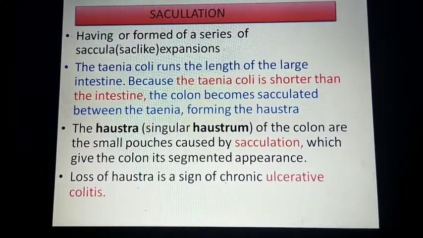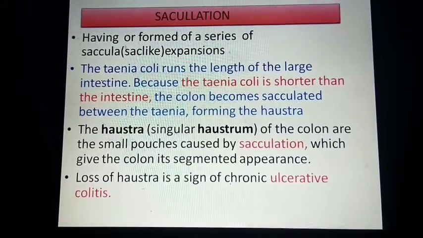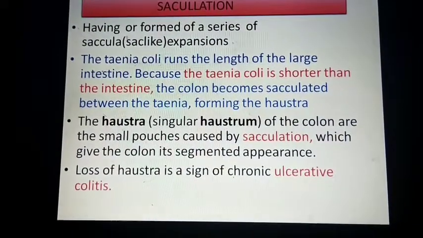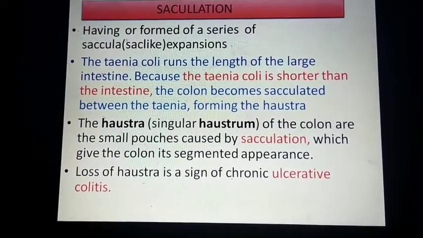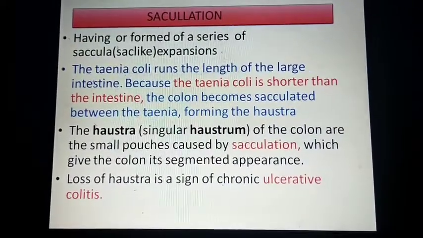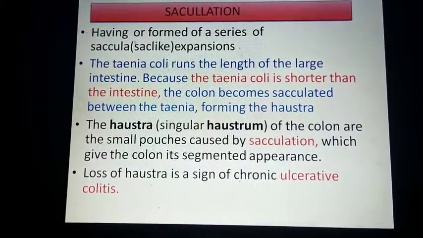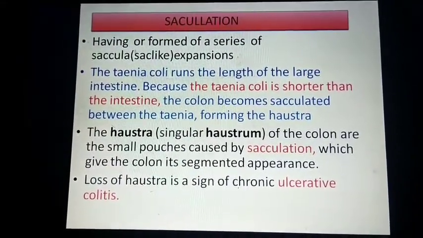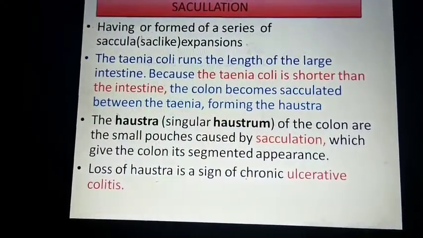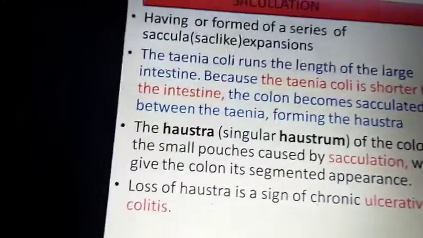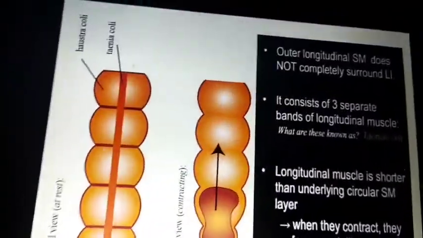But when you compare lengths, the longitudinal muscle is shorter than the circular muscle of the large intestine. Because of the lesser length, there is formation of sac or pouch-like structures. I will show the picture here.